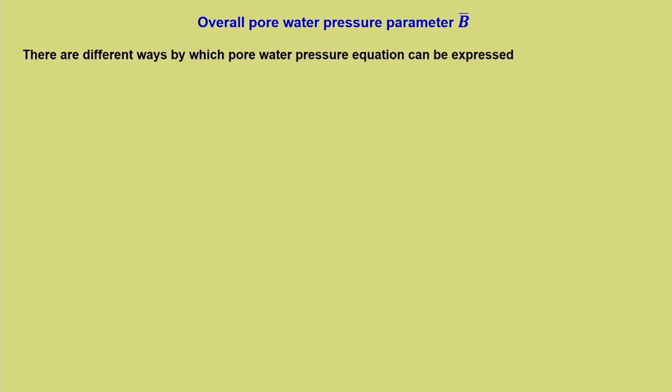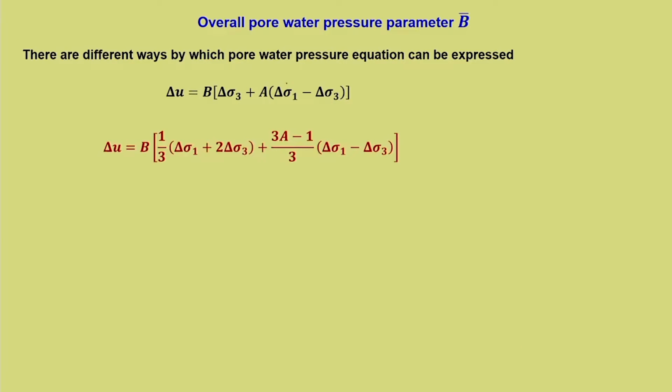There are different ways by which the pore water pressure equation can be expressed. Before going to B bar, we will see a typical representation of the pore water pressure equation. This is what we have already seen. This can be written in this manner, where delta U is equal to B into [1/3 (delta sigma 1 plus 2 delta sigma 3) plus (3A minus 1)/3 into (delta sigma 1 minus delta sigma 3)].